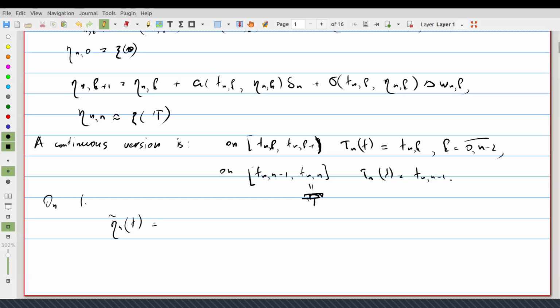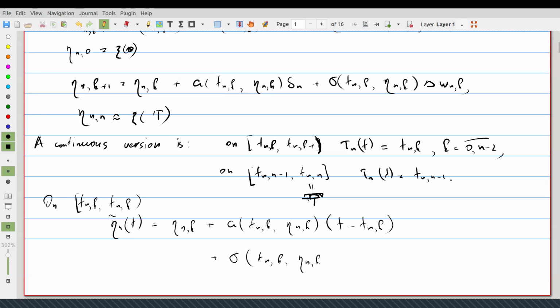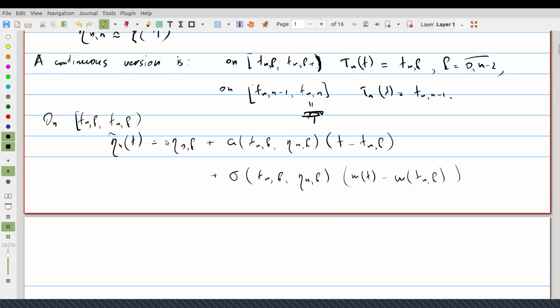So we start again with some interval of our partition. This is going to be equal to η_{N,k} plus a(t_{N,k}, η_{N,k}) times (t minus t_{N,k}), plus sigma(t_{N,k}, η_{N,k}) times (W_t minus W_{t_{N,k}}). So this is just a continuous version of the scheme.